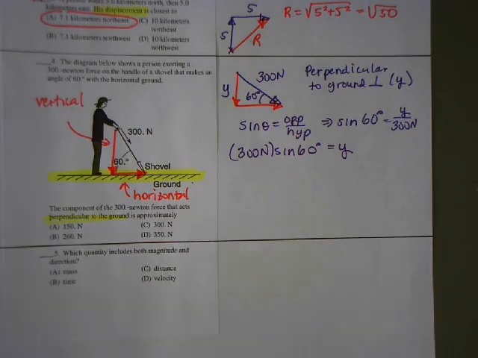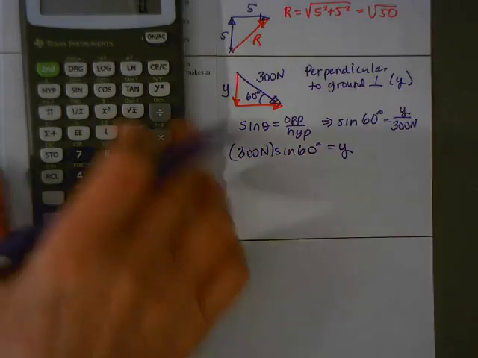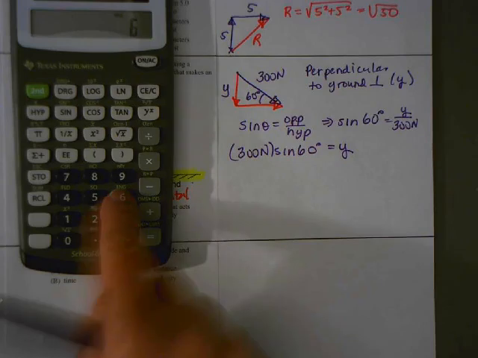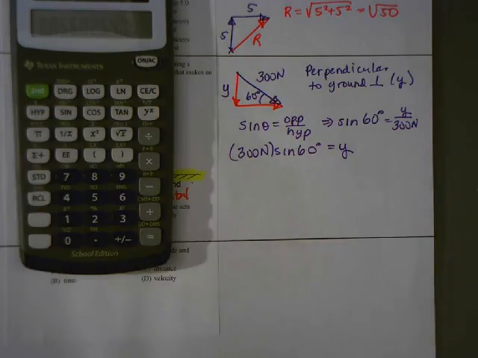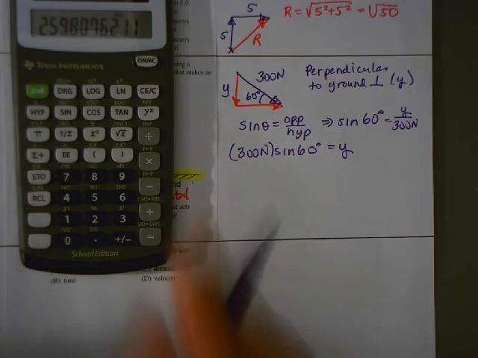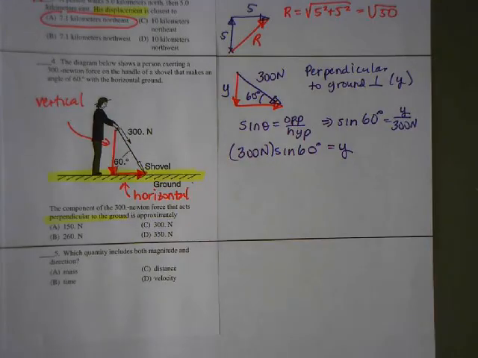So on my calculator, I will press 60 sine times 300 equals, and it says 259.8.